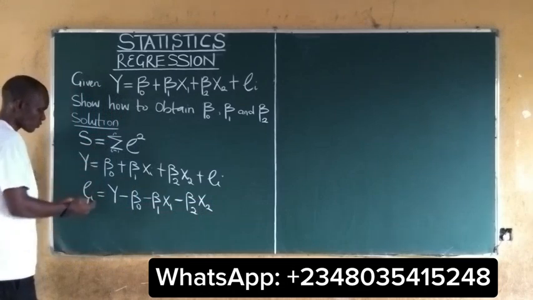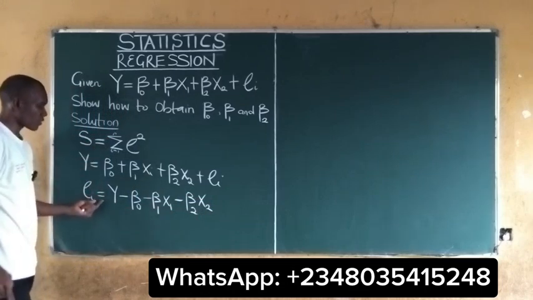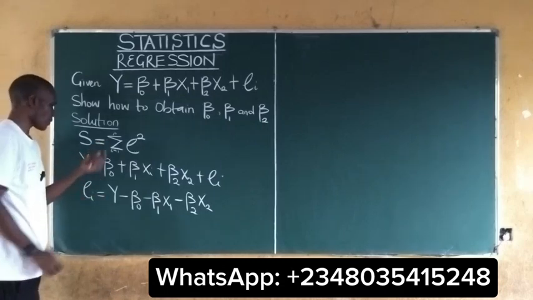The next thing to do is to substitute the error term into the sum of square error.